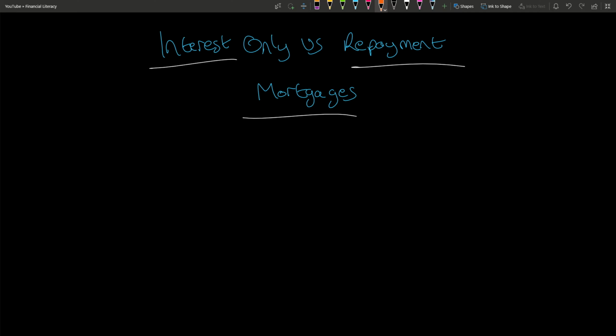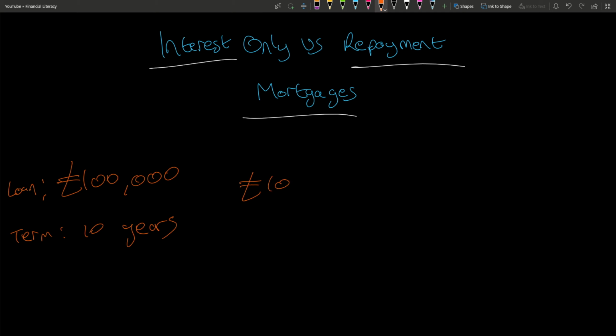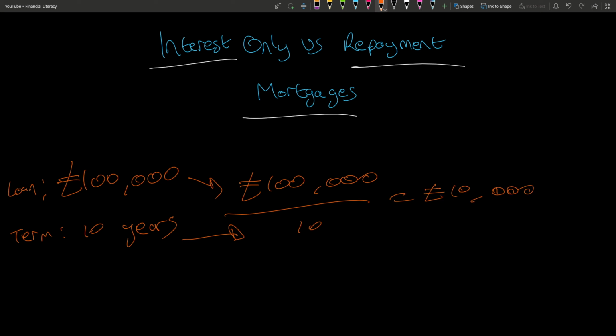But basically, if you borrow £100,000 from the bank, it's a very simplified example, that's the loan, and let's say the term, which is the length, is 10 years. £100,000 divided by 10 years gives you £10,000 a year repayment, but then you also have interest on top of it as well.